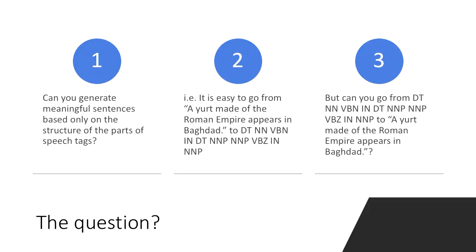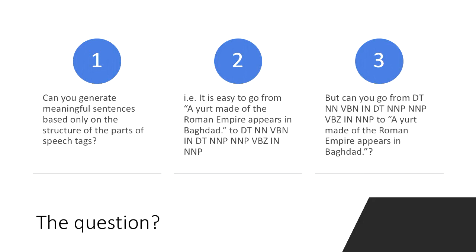The question I thought would be interesting to answer, and might allow us to really understand what was going on in this Twitter bot, was to see if you could generate meaningful sentences using only structured parts of speech tagging. Rather than going to a neural net, learning all these tweets and hoping it would spit out a tweet similar to one it has seen before, I thought, no, let's not use a neural net.